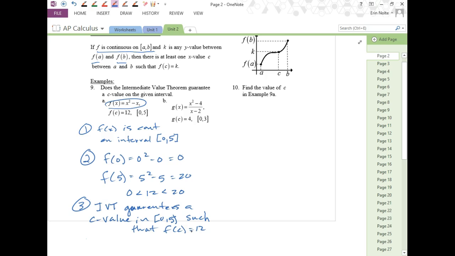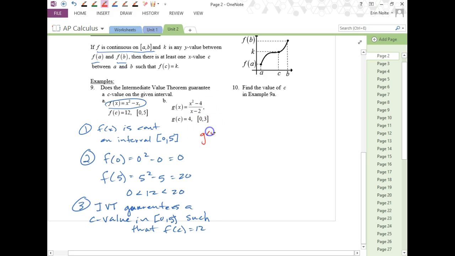Okay, so what about for B? What's my first step on B? To decide if I can use the intermediate value theorem. Right, so is it continuous? It is not continuous at 2, right? So for B, you see a problem?